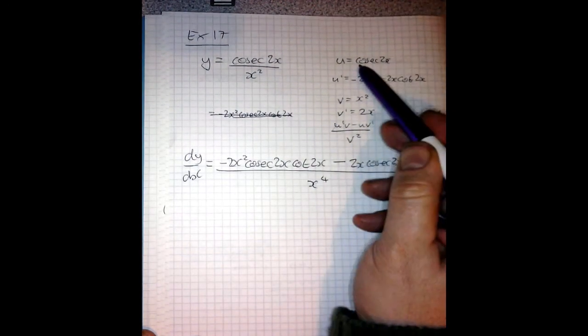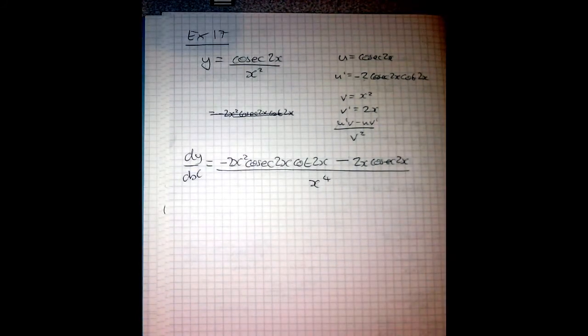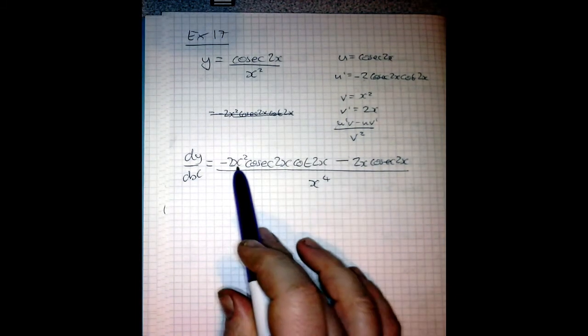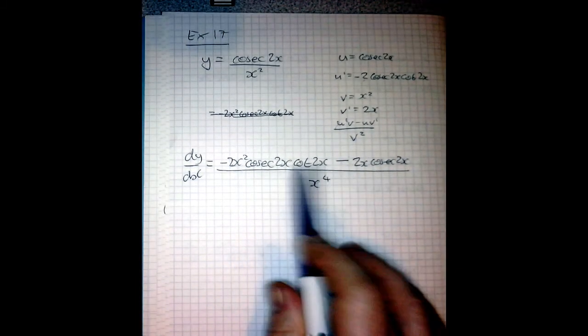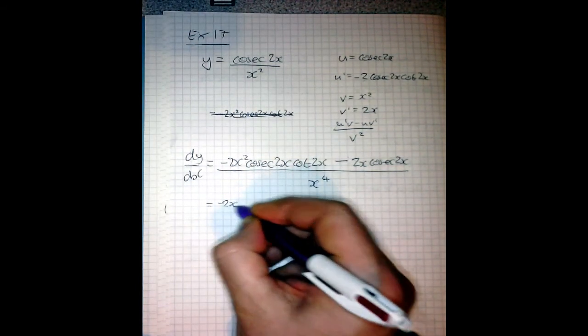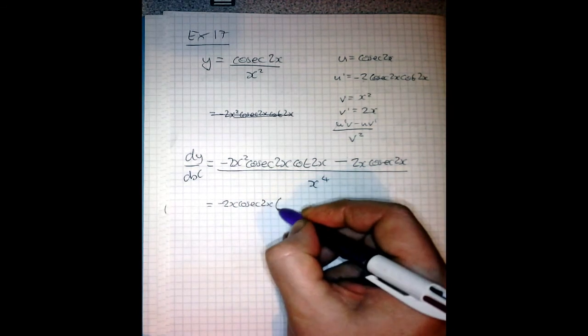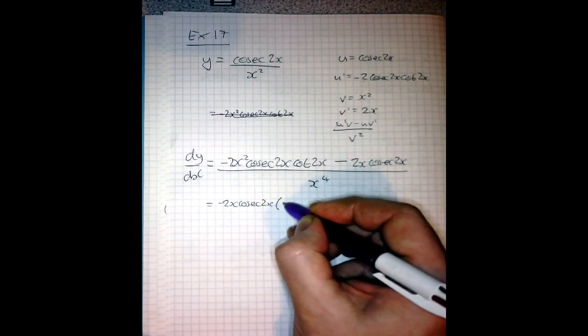And I don't think, oh yeah, I can divide top and bottom by x as well, look. I'm not going to go any further than that though. It's about how far they got in the book as well, I think. So this is correct, simplified a bit.